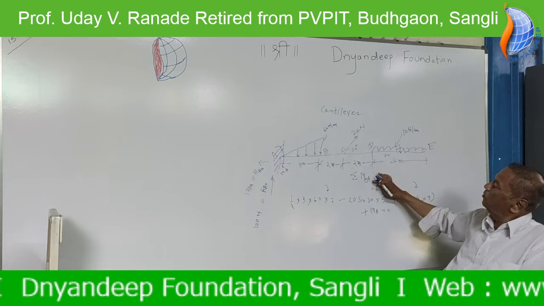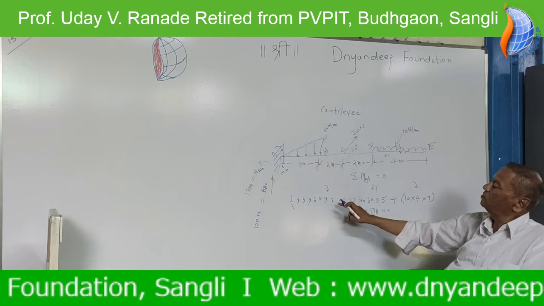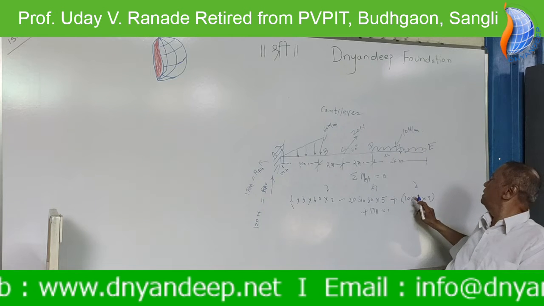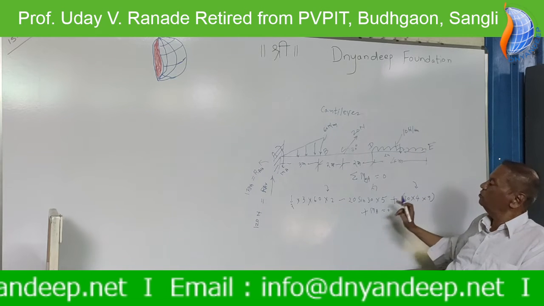Summation of moment about A equal to 0. 1/2 into 3 into 60 into 2 minus 20 into sin 30 into 5 plus 10 into 4 into 9 plus MA equal to 0.